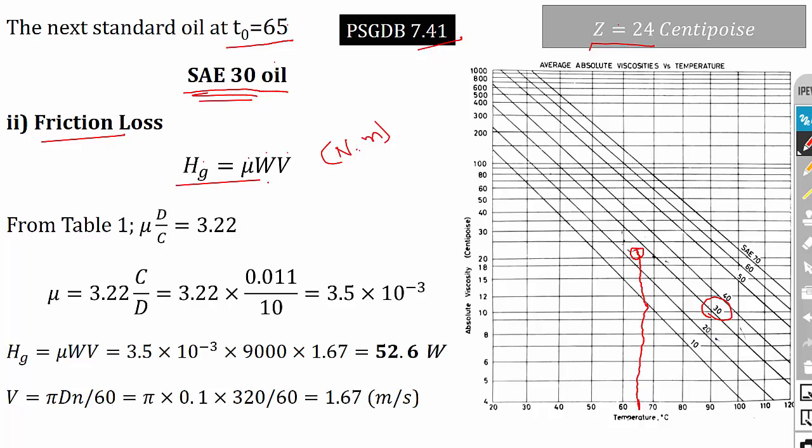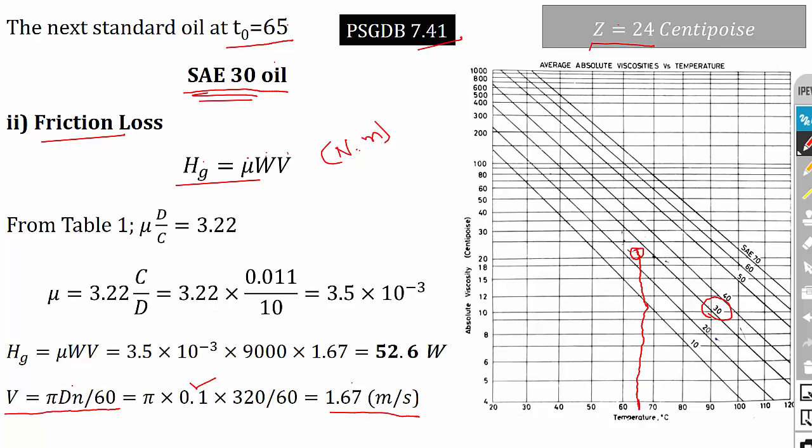W is the load acting in Newton. V is the velocity in meter per second, V is equal to pi D N by 60. If you substitute the diameter value in meter, you will get the answer in meter per second. I have substituted the diameter in meter, so the velocity is 1.67 meter per second.